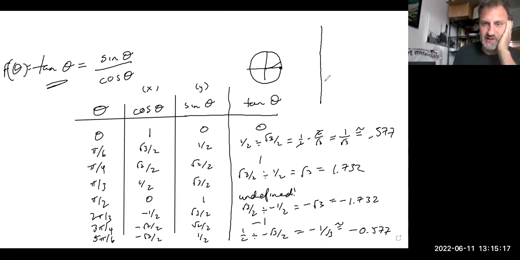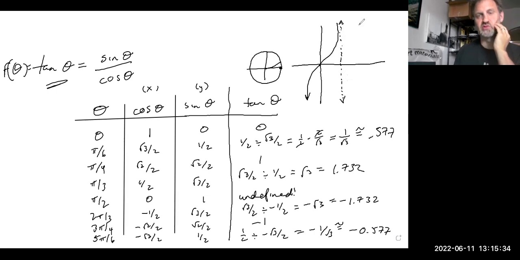And what ends up happening is we end up with a graph that has an infinite number of vertical asymptotes.